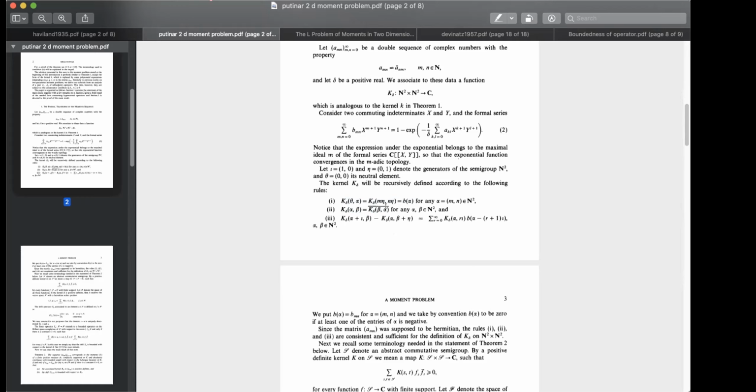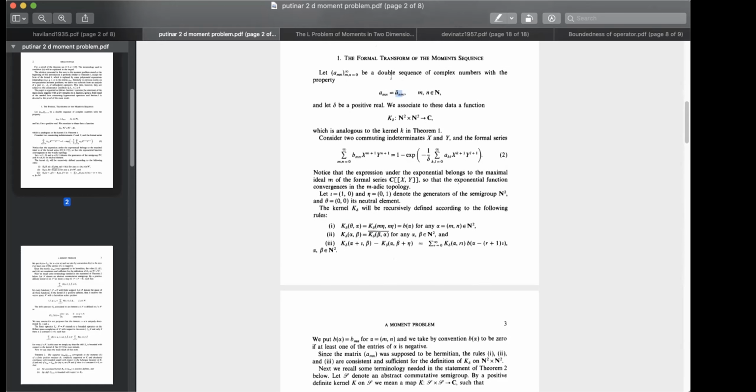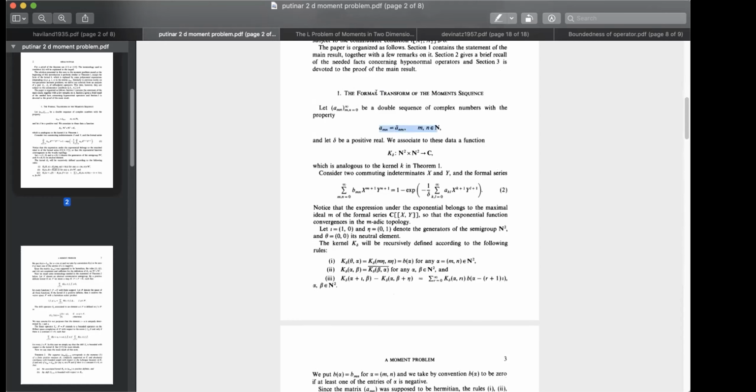This is the first place where the bar appears, as far as I can tell. I mean, he has it here, but I guess here it's... Where? Here. So I think this is a matrix as well.